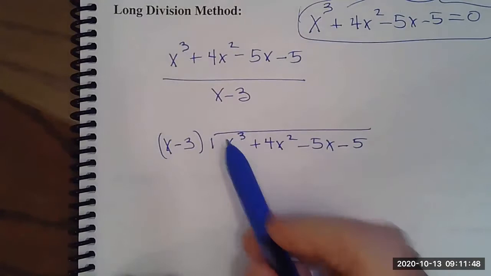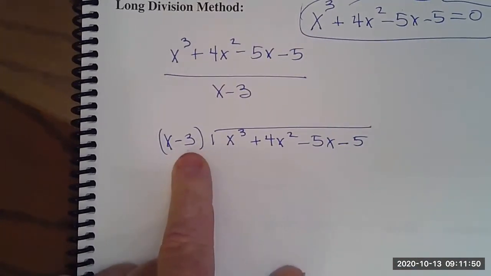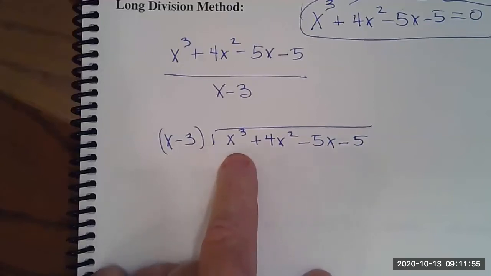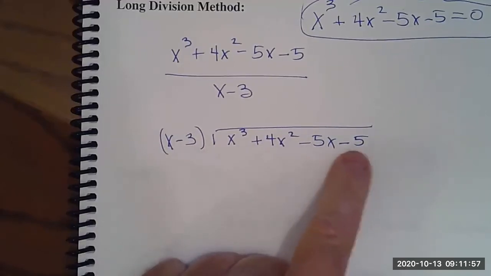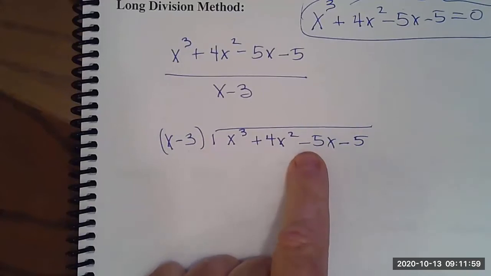So up here, this is called the divisor. X minus 3 is called the divisor. What's underneath this symbol is called the dividend. Dividend, this is old-fashioned. Oh gosh, where would they introduce this idea? My grandson hasn't heard this. Maybe middle school, 7th, 8th grade.